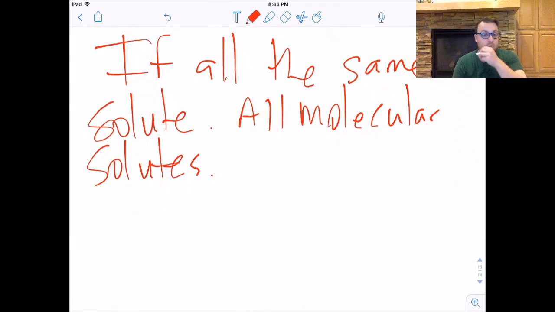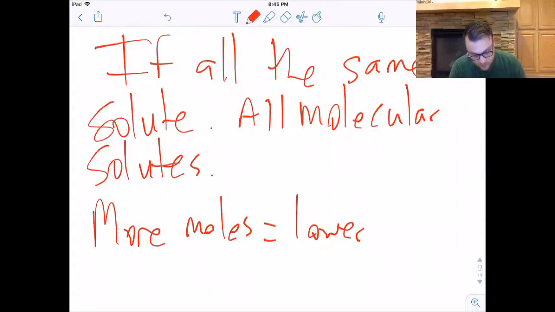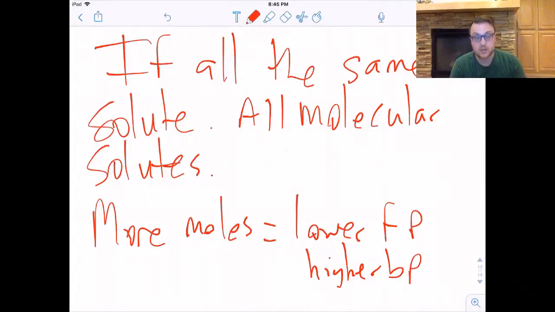So if you were to compare 0.1 moles, 1 mole, 10 moles of C6H12O6, 10 moles would lower the freezing point the most and raise the boiling point the most.